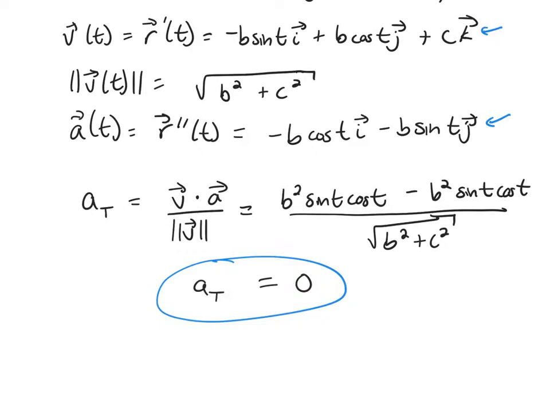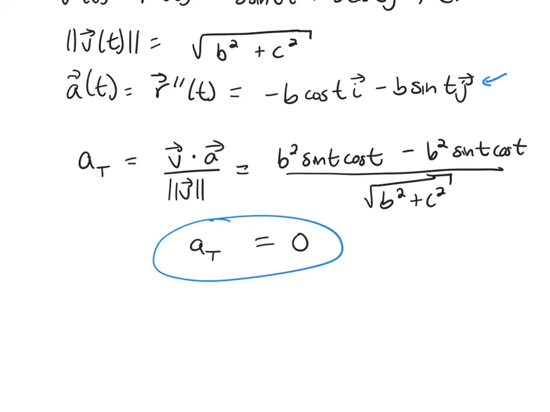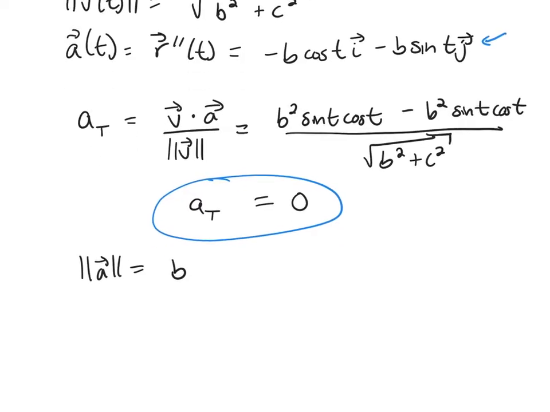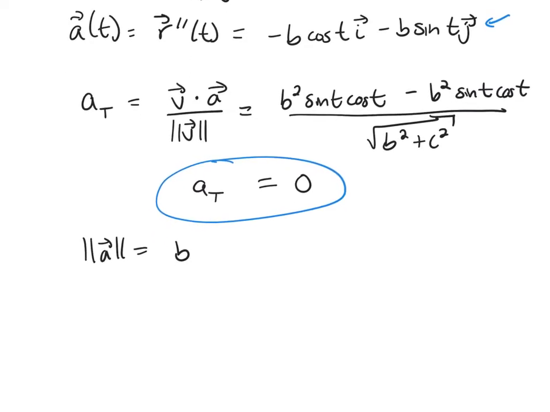Now if I look at the magnitude of a here, you'd see that the magnitude would be b, because b is non-negative.